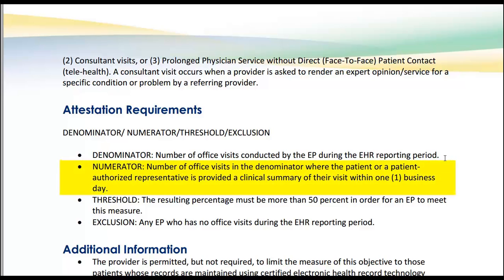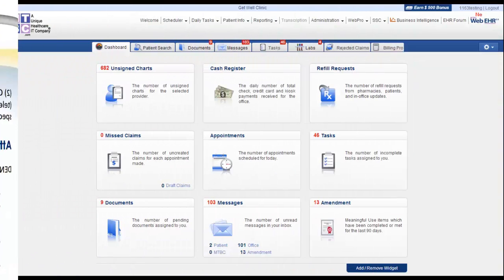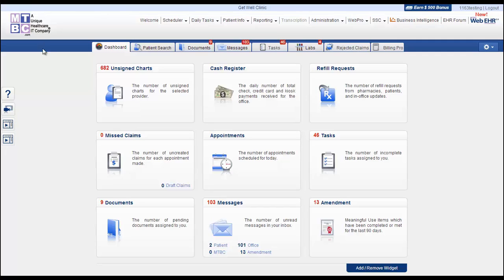Numerator is the number of office visits in the denominator where the patient or a patient's authorized representative is provided a clinical summary of their visit within one business day. The threshold is the resulting percentage must be more than 50% in order for an eligible professional to meet this measure. Now let's go to the MTBC Web EHR 2.0 to see how this measure is achieved.